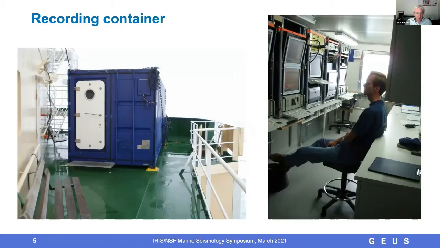And we have a recording container. So this is where all the recording takes place, obviously. This is it installed on the Odin. All of the equipment is rack mounted, so it is not necessary to use the recording container on a smaller ship. All of these things can be packed up and installed in a wet lab or any other lab facility on a ship.